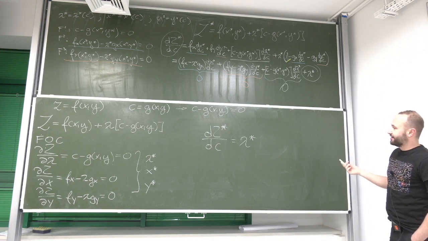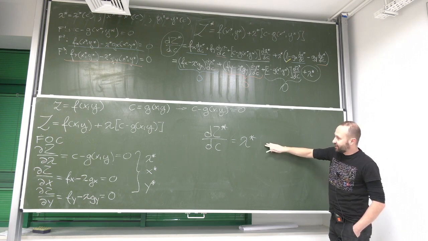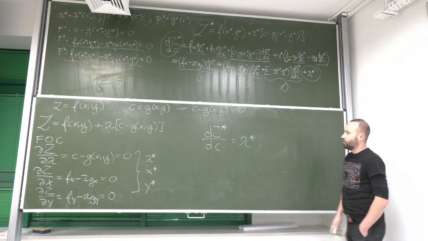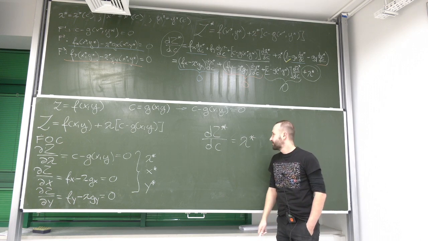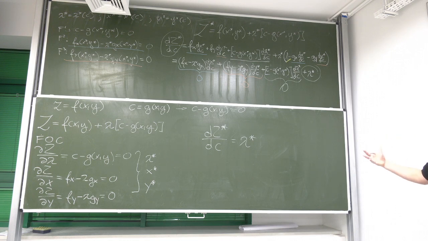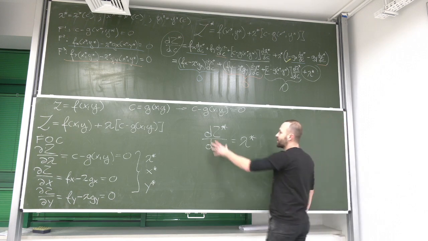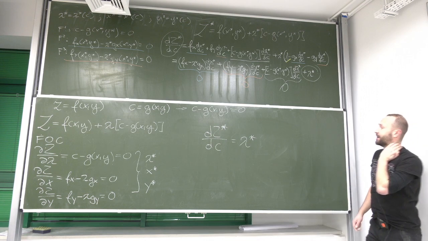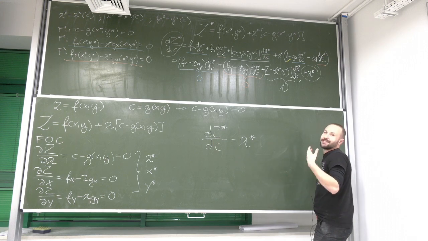Lagrange multiplier, lambda, is telling you by how much the optimal value of z changes when c is increasing by some very small amount. So look, it is giving us a very nice tool to interpret, because we will know what happens to function z if the binding condition is relaxed slightly.